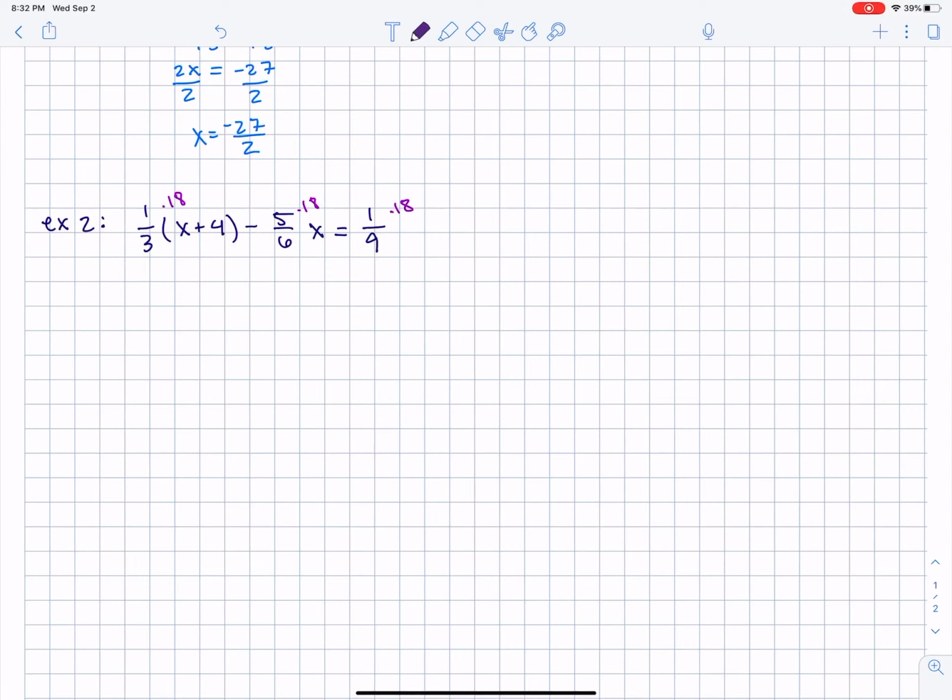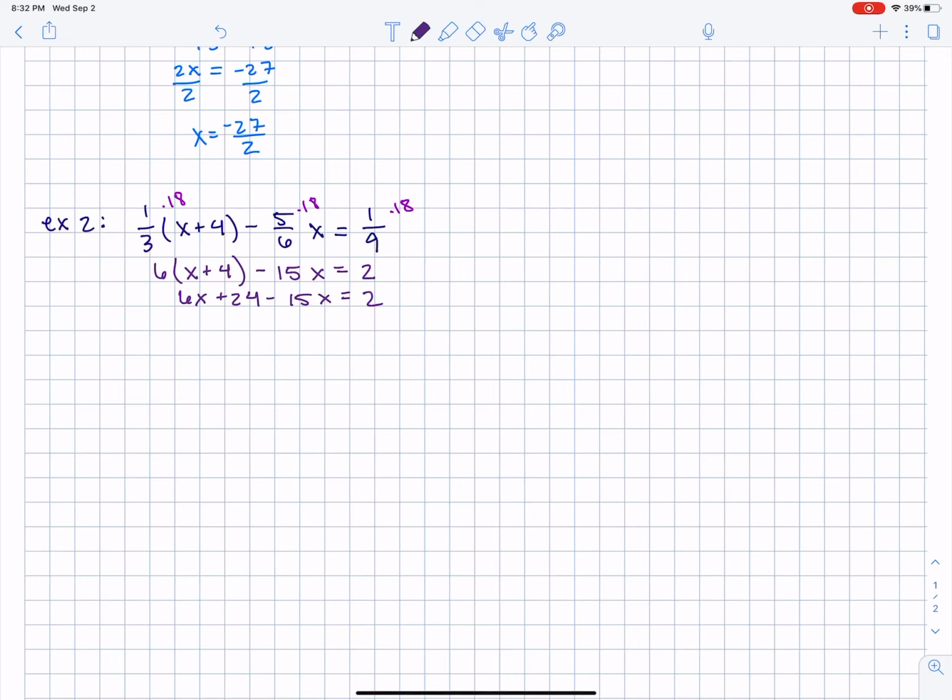So then we go ahead, we remind ourselves of that deal. So 18 divided by 3 is 6. 6 times 1 is 6. Times x plus 4. I didn't match my color. That's all right. 18 divided by 6 is 3. 3 times 5 is 15x. 18 divided by 9 is 2. 2 times 1 is 2. Now it's just a multi-step, meaning that we get to distribute.